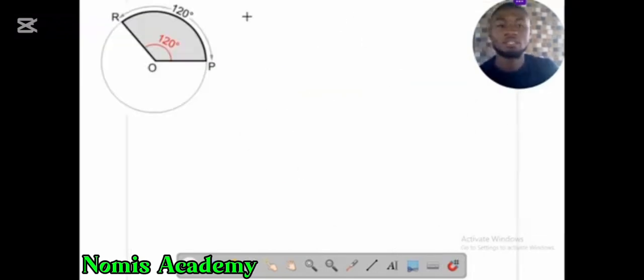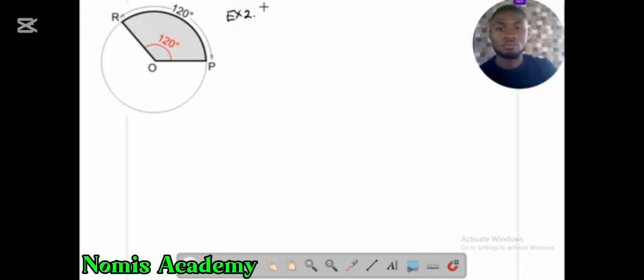Take example 3. This time too, let us find the area of the minor sector and the area of the major sector. So let's take on the second diagram, and we are going to solve the minor sector and the major sector here too. So let's take it as example number 2.